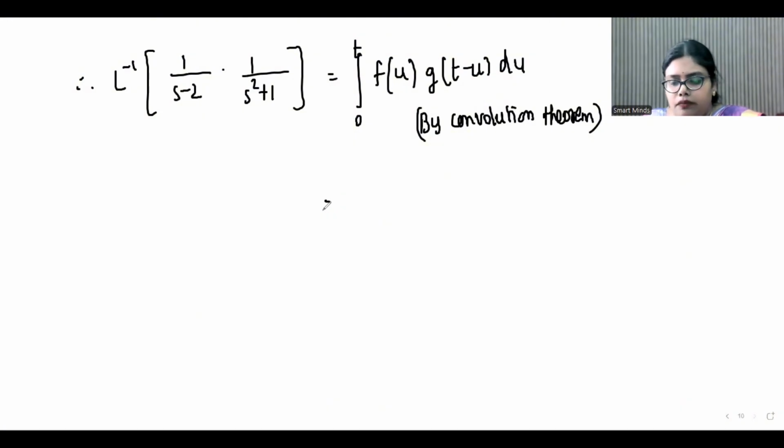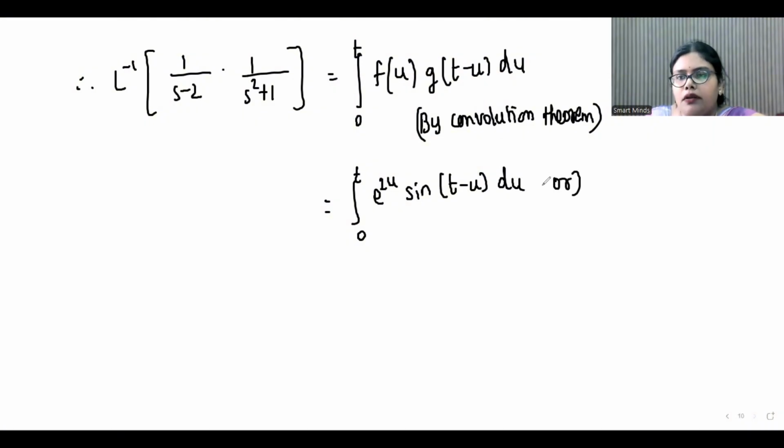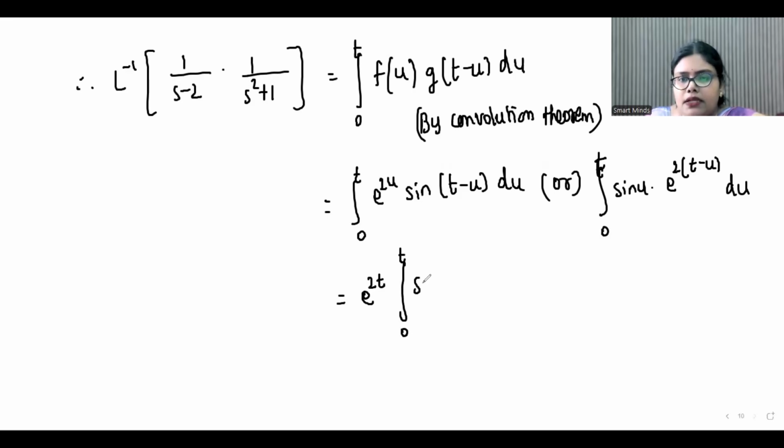So that is equal to integral 0 to t e power 2u sine (t minus u) du, or we can write it as integral 0 to t sine u e power 2(t minus u) du, that is equal to e power 2t integral 0 to t sine u e power minus 2u du, that is e power 2t into e power minus 2u by (2 square plus 1).